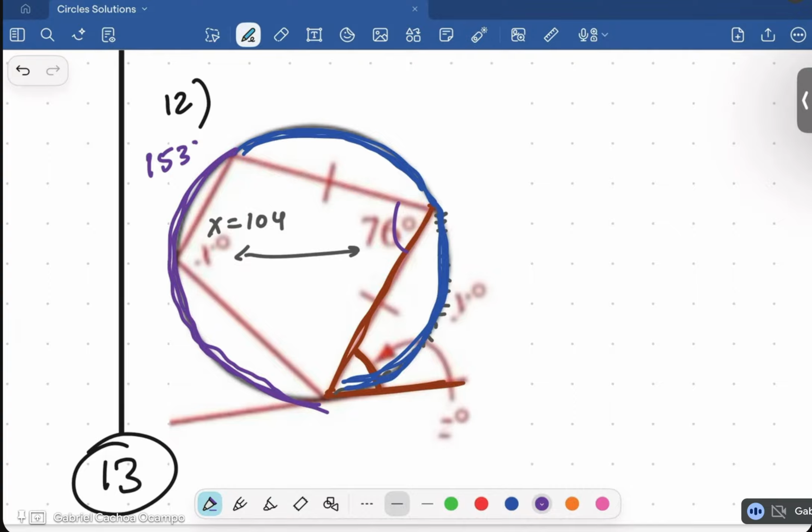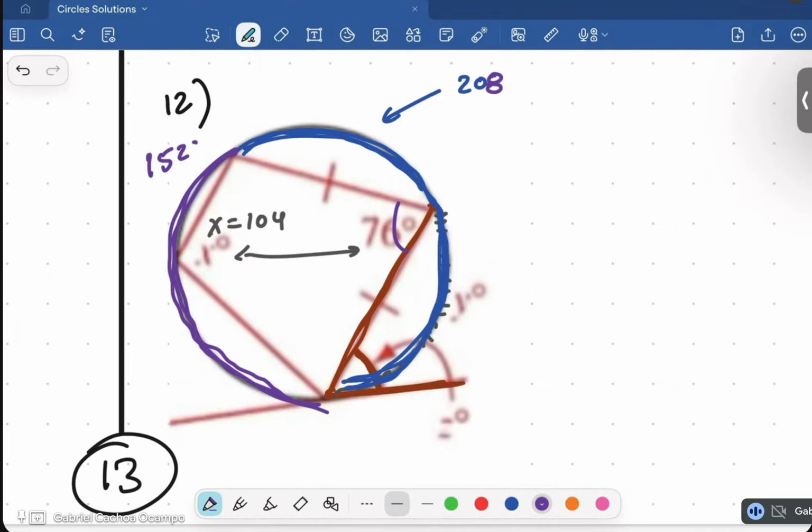So that means that the blue arc, the big one, is 360 minus 153, which is 207. A ver, 76 times 2, how much is it? This is 152, sorry. 152, so 360 minus 152, that is 208.